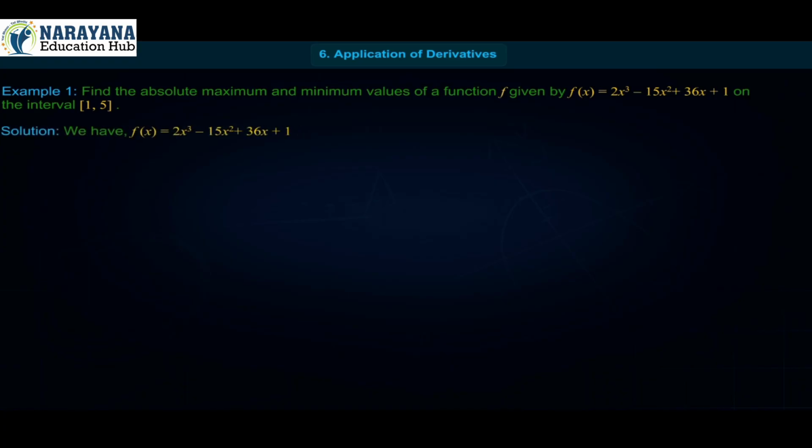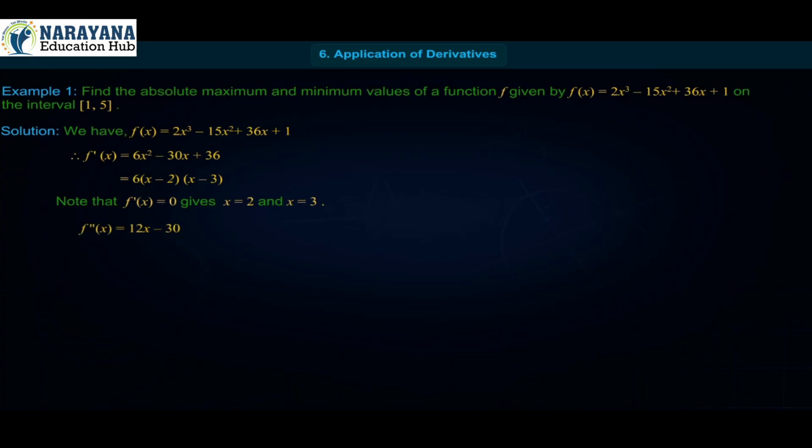We have f of x is equal to 2x cube minus 15x square plus 36x plus 1. Therefore, f dash of x is equal to 6x square minus 30x plus 36 is equal to 6 into x minus 2 into x minus 3. Note that f dash of x is equal to 0 gives x is equal to 2 and x is equal to 3.